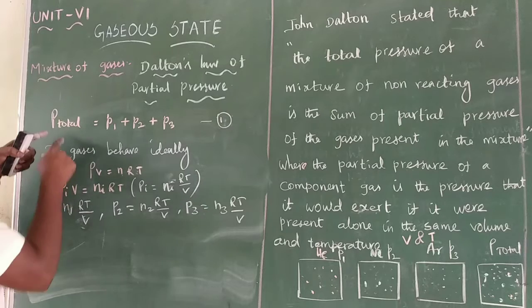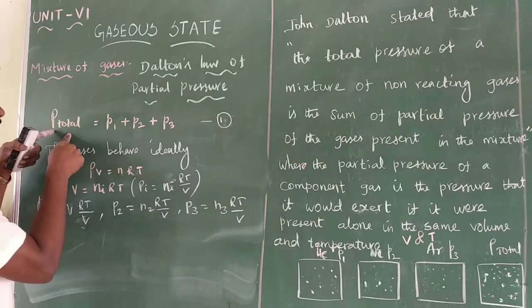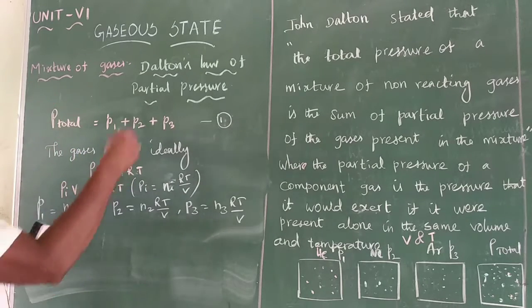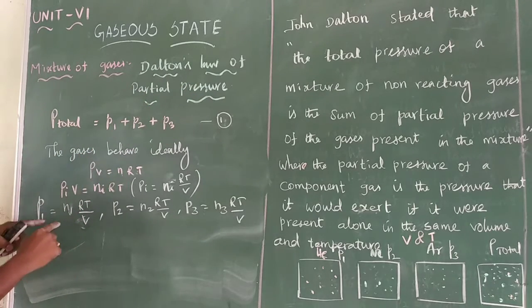The total pressure of a gaseous mixture is given by Dalton's law of partial pressures. So substitute the values of P1, P2 and P3.